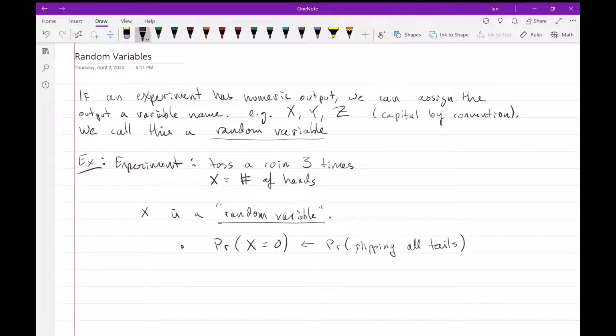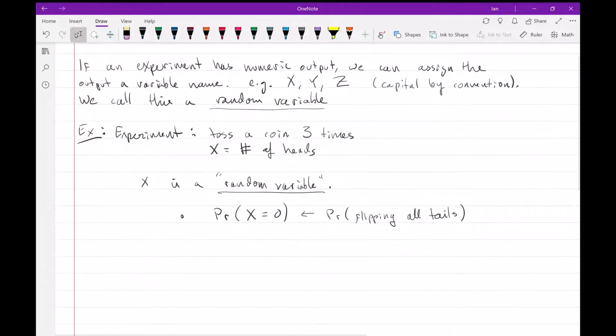Now it's obviously x equals 0 is a lot easier to write than flipping all tails, so in some sense it's notationally compact, which is nice. So that's part of the reason for doing all this. And we can compute that, right? There's only one way of getting 0 heads, and there's 8 total ways you could flip the 3 coins, so this is 1 out of 8.